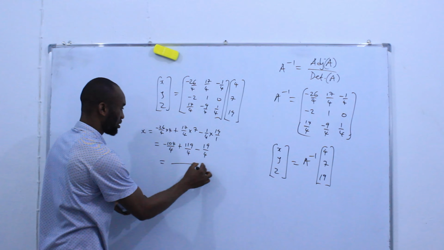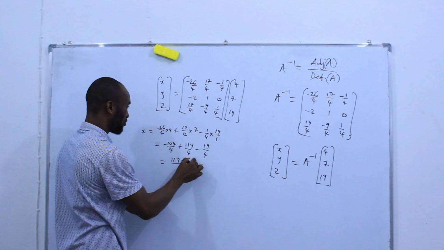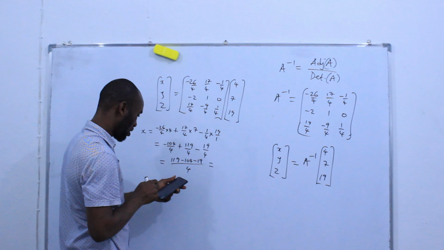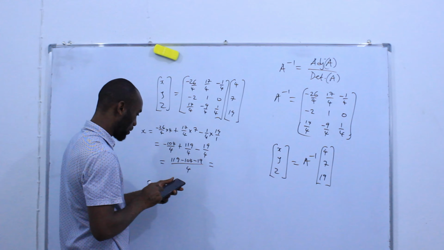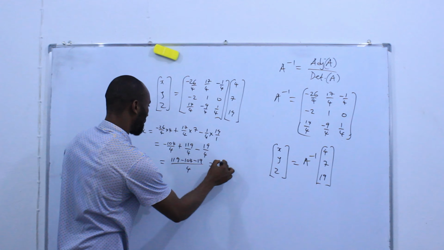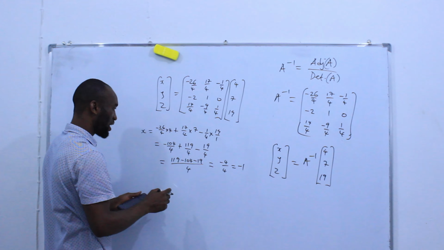The LCM is 4. We have 119 minus 104 minus 19, which gives minus 4. So we are looking at minus 4 over 4, which is minus 1. Therefore, x is minus 1.